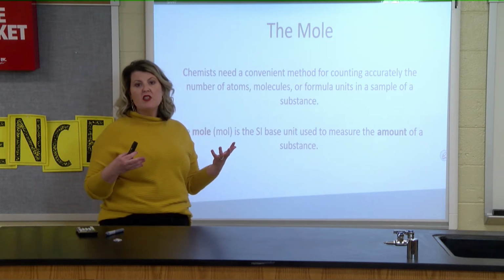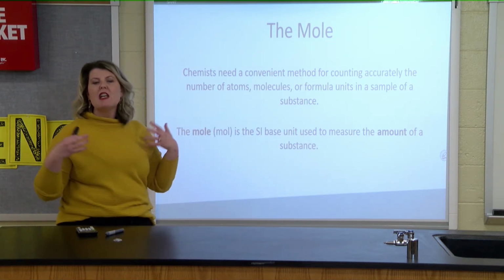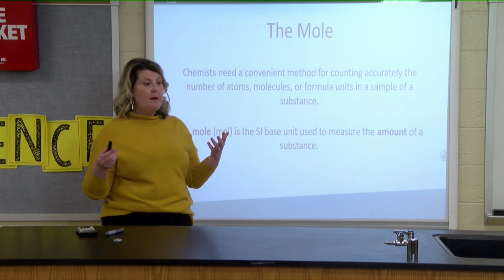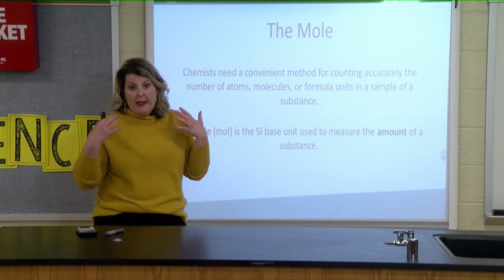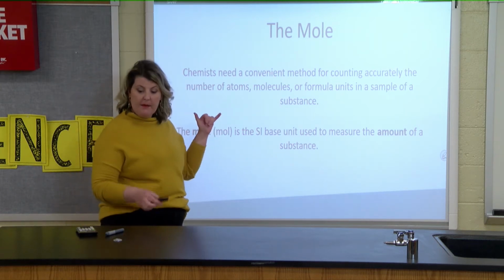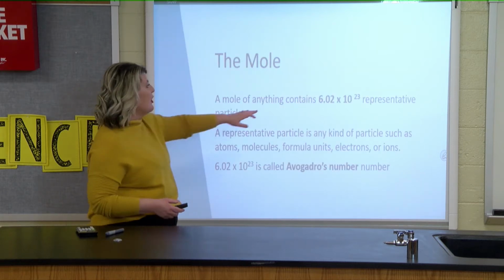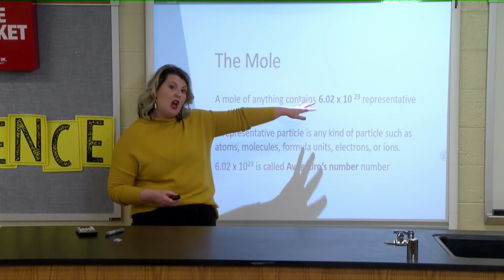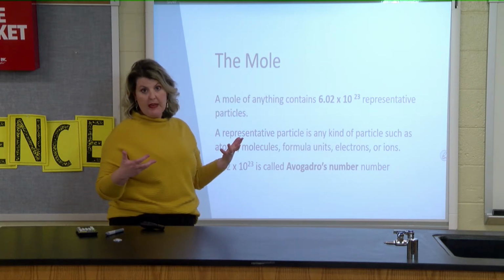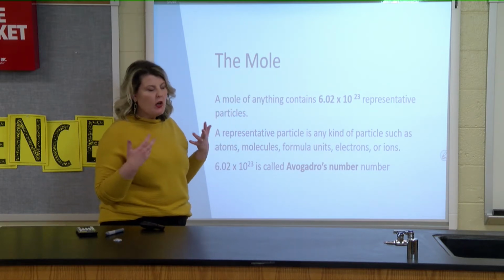A mole is just a way for chemists to write a number of something. So if I had a dozen basketballs, I know that I have 12 basketballs. If you have a mole of something, that's actually telling you that you have 6.02 times 10 to the 23rd units of something. That's a really, really large number.